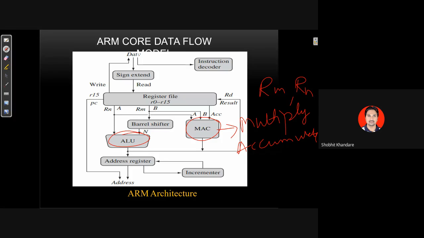In short, it is given as MAC. जैसे अर्थमेटिक एंड लॉजिकल यूनिट को हम क्या बोलते हैं, ALU, वैसे मैक को बोलते हैं मल्टीप्लाई एंड एक्यूमुलेट यूनिट. So whatever multiplication operations are done, we have a separate block for that, the multiply accumulate unit. And other than that, whatever arithmetic and logical operations we do, we do in the ALU block.